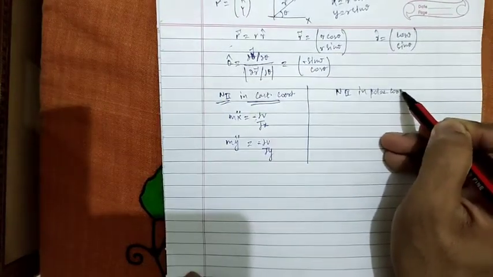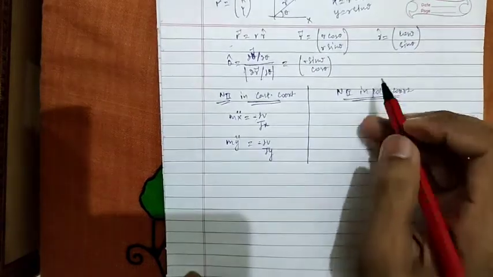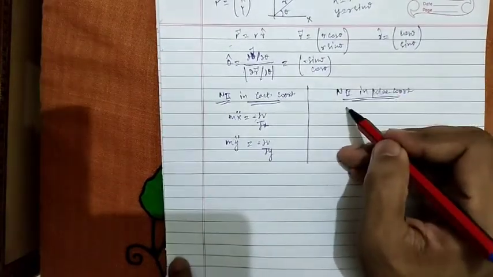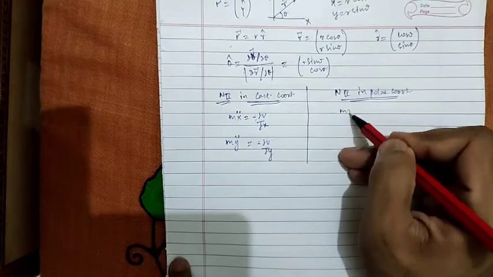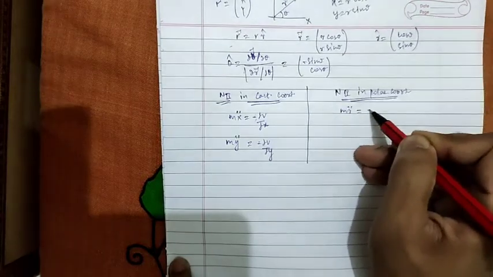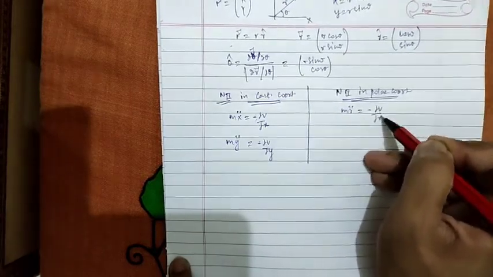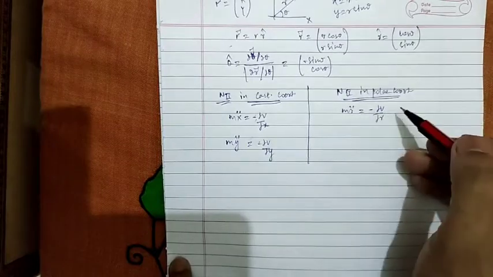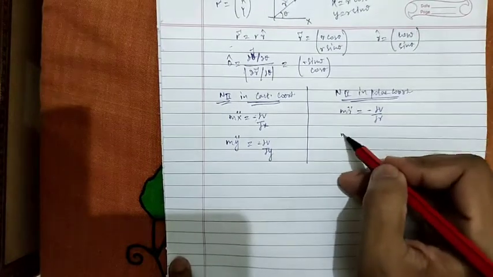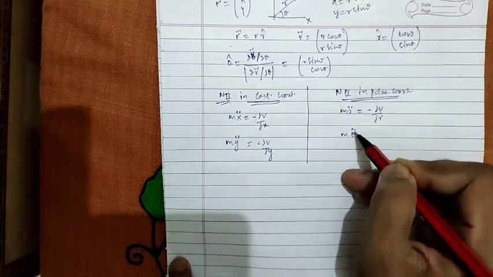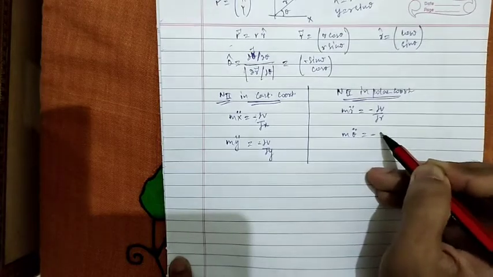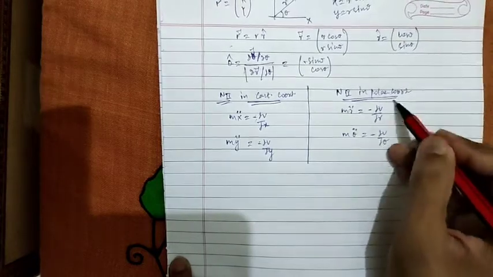In polar coordinates, will Newton's second law be written like this in potential form, and for m theta double dot will it be like this?